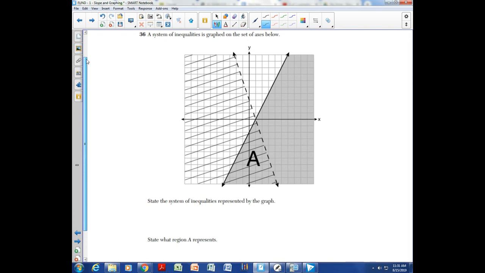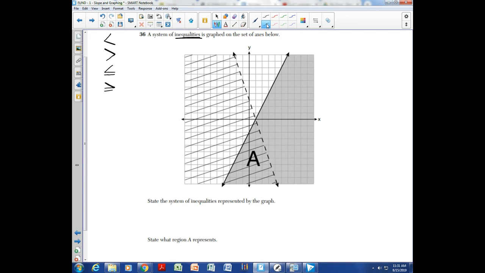Okay, first we need to remember that when we are graphing or talking about inequalities, there's really 4 different possibilities for the symbols that we're going to use here, right? We can use one of these. We're reading that from left to right: is less than, is greater than, less than or equal to, greater than or equal to.